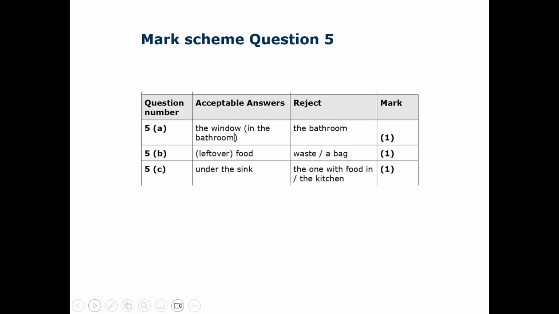So sometimes candidates find an unexpected way to answer a question that's justifiable and is correct. And in fairness to the candidates, marks will be given for those. Okay, so just be aware of that. I can't think that there are particularly synonyms for window, but under, beneath, it's an unusual word, but it would be correct as well.